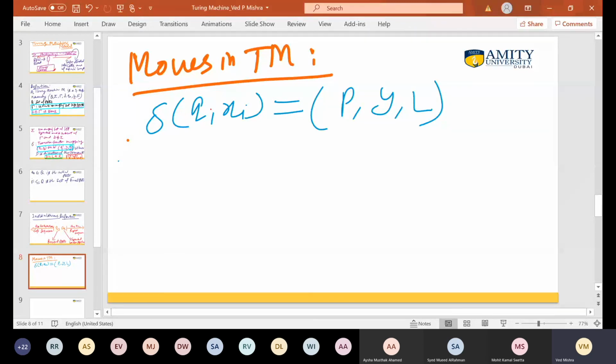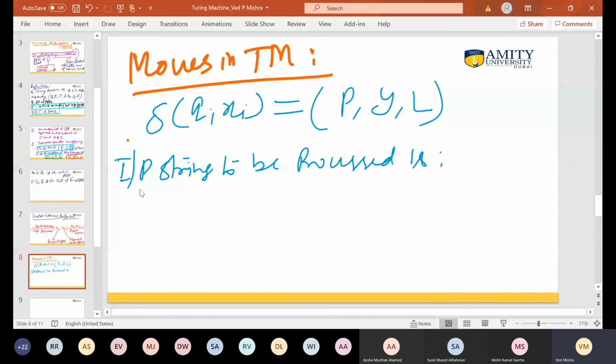Good. So suppose that I am giving you one string. The input string to be processed is, suppose, x1, x2 till xn.